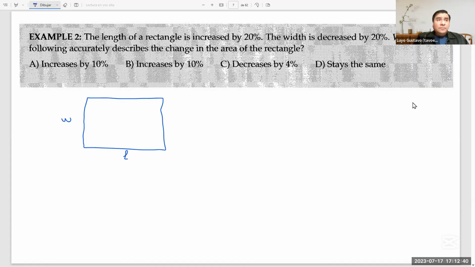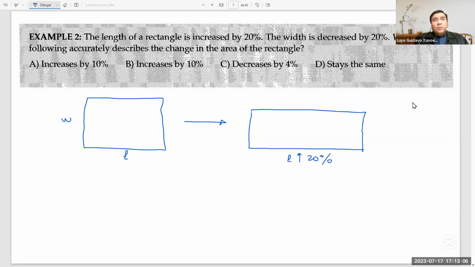They are telling you that this rectangle will change. The length will increase, but the width will decrease. So here you can see this will be the old length increased by 20%, but the width of the new rectangle will be decreased by 20%.